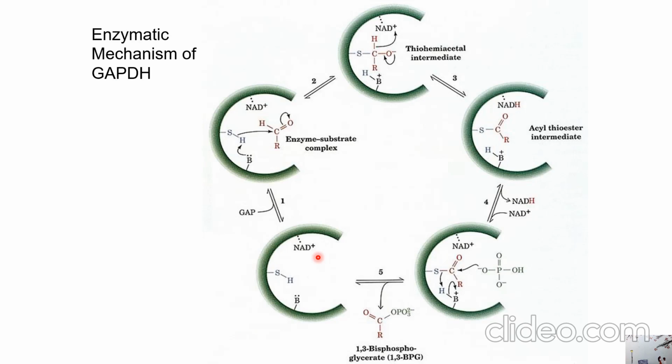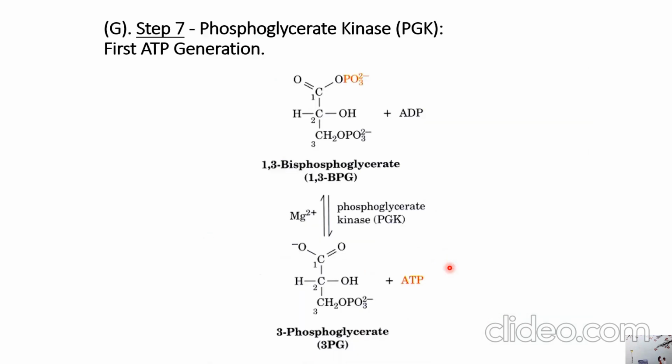Now, what is the enzymatic mechanism of GAPDH? It forms an enzyme-substrate complex first, then a thiohemiacetal intermediate, then an acyl thioester intermediate, and then NAD+ and NADH are produced.